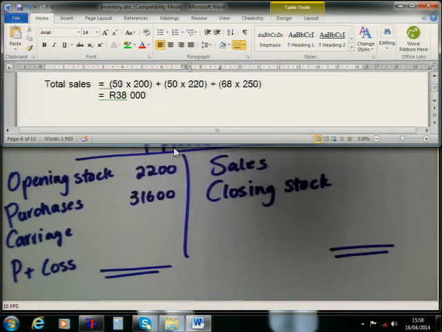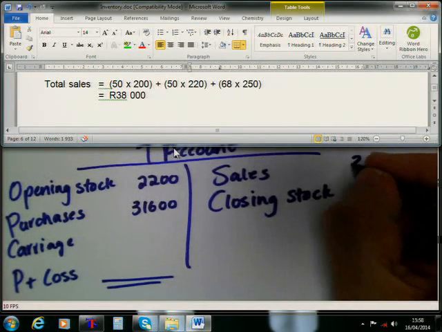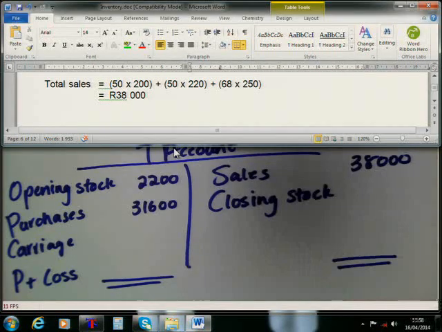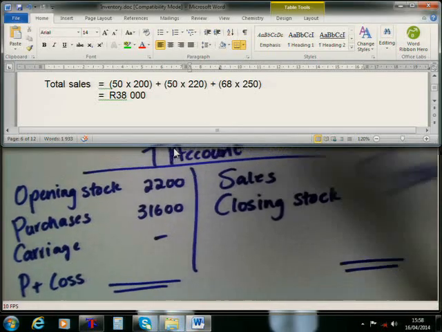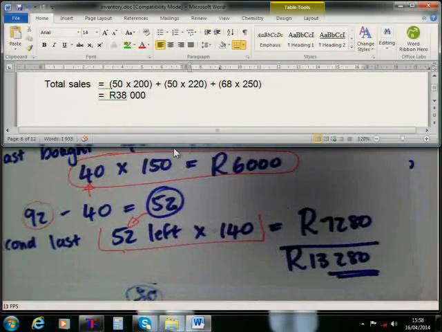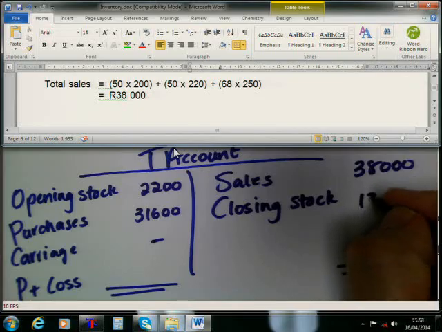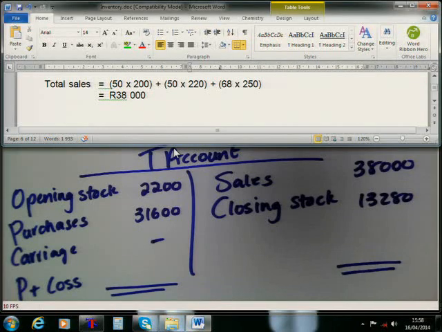There's our sales. Remember, we calculated the sales as 38,000 rand. There was no carriage, and we just calculated the closing stock as 13280. And what can you do?